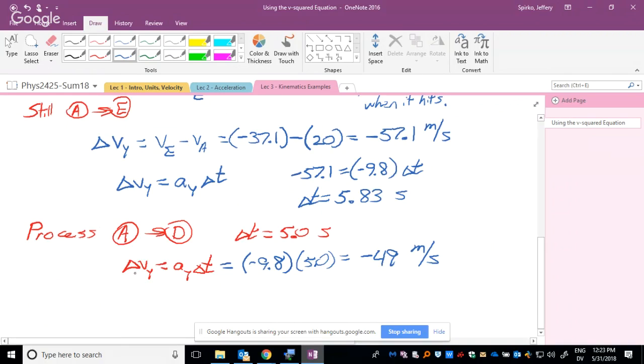And then how do I use that? Delta Vy is equal to V final minus V initial. That's what delta is always equal to.